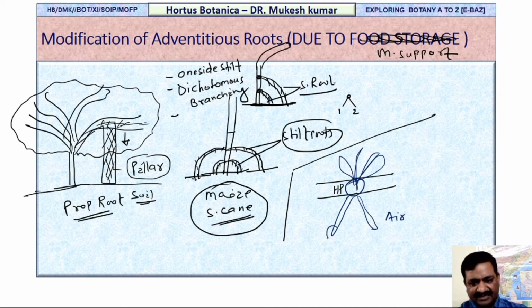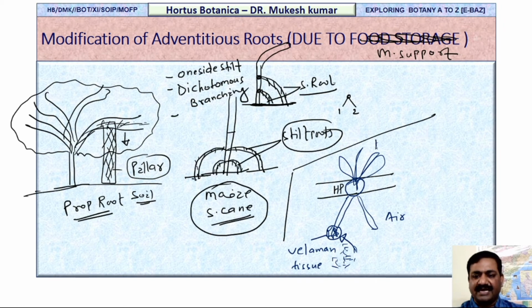That's why this structure becomes very specialized, having filament tissues. These filament tissues are hygroscopic in nature, means water moisture present in the atmosphere is being absorbed by this root. That's why it is also called hygroscopic root.